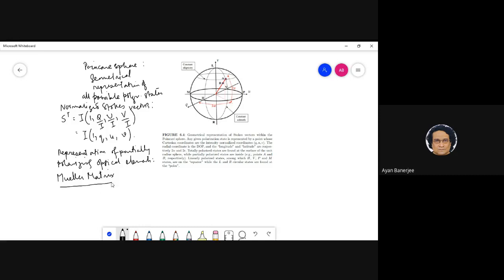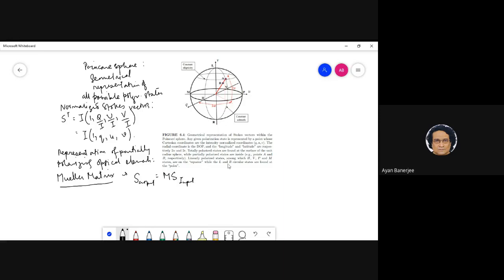That essentially means that you want to find out how light which is partially polarized and has an input Stokes vector, how an optical element will transform that input Stokes vector into another Stokes vector, right? So basically you have S output given by M times S input.